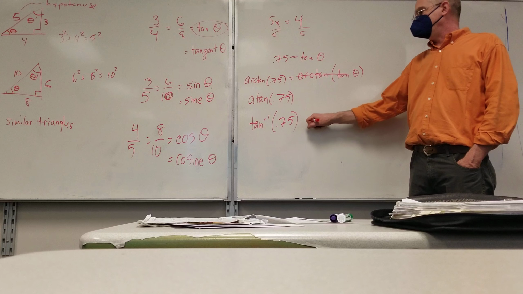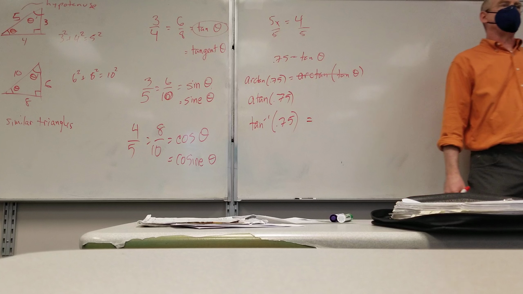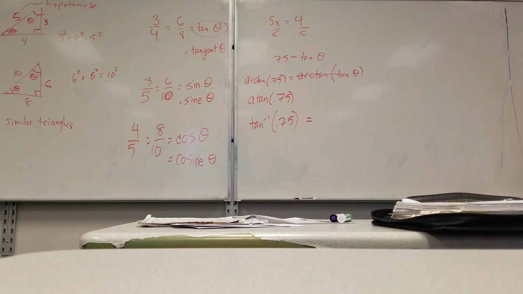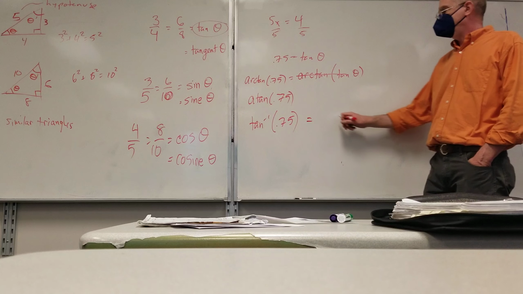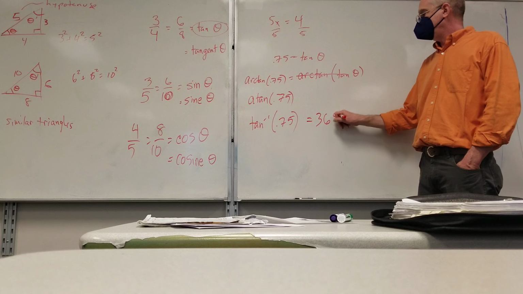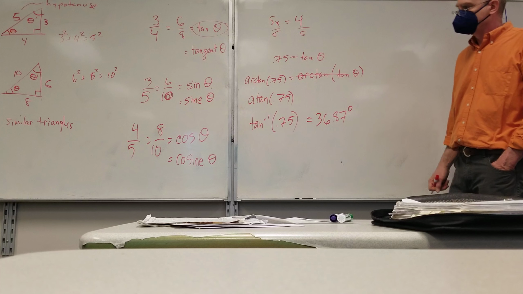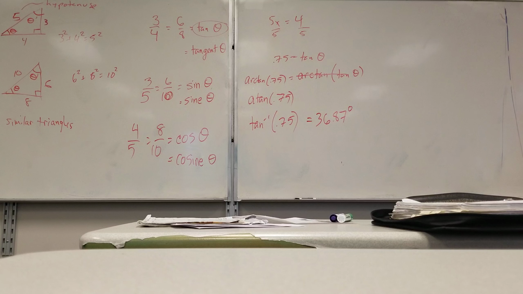So if someone would be kind enough to tell me what the arctan of 0.75 is, 36.87 degrees. Anybody come up with a different number when you plugged it in? Like something closer to 0.5?